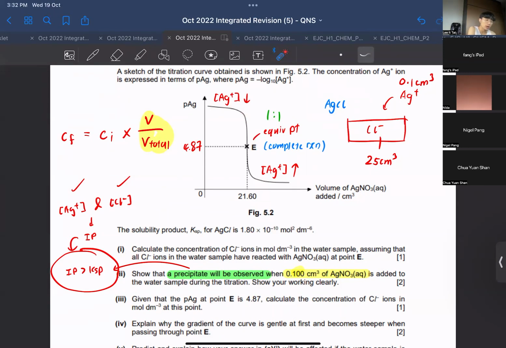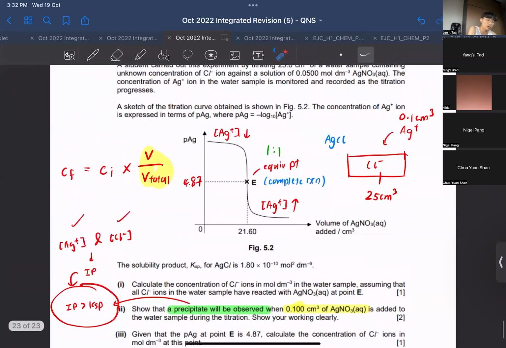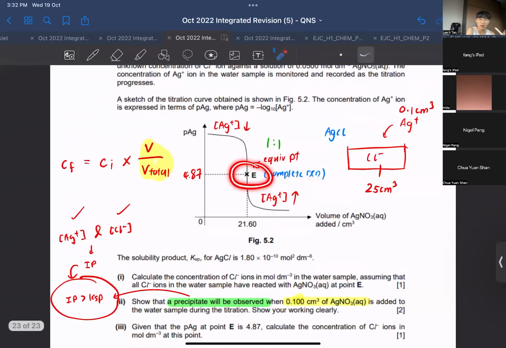Then what about point E? How come it suddenly becomes super steep when it passes through point E? Again, it all boils down to the idea of complete reaction. At point E, ideally, most, if not all of the Cl minus has left the solution as AgCl.